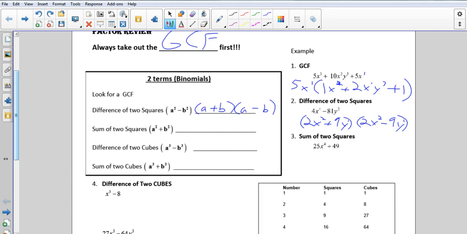After we learned some difference of two squares, we moved on to sum of two squares, which was incorporating the imaginary value i. So if you remember, this breaks down very close to the difference of two squares. You have two parentheses, one with a plus, one with a minus. The only thing that's different is i on the end.